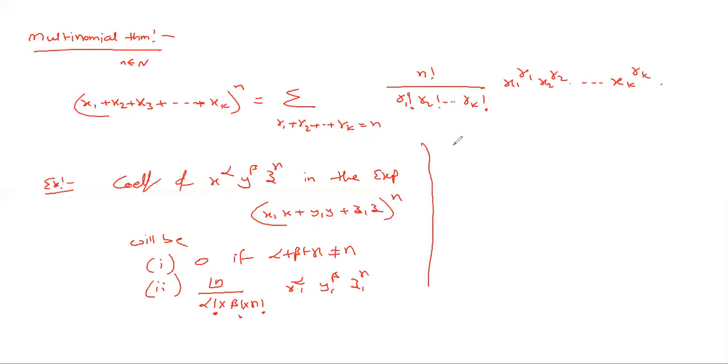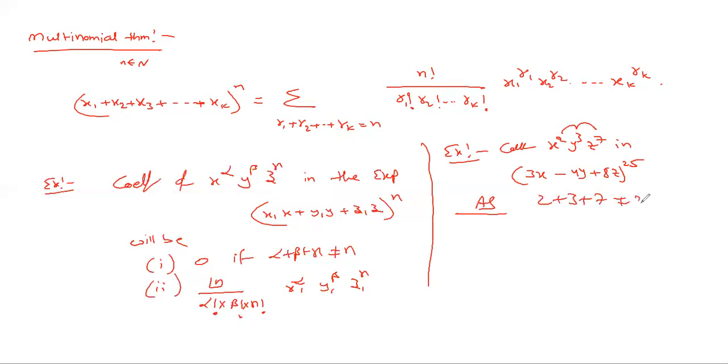For example, if you want to identify the coefficient of x^2 y^3 z^7 in the expansion (3x - 4y + 8z)^25, what will be the answer? Here 2 + 3 + 7 is not equal to 25. Answer 0.